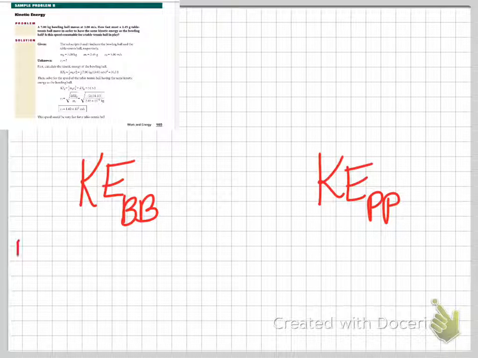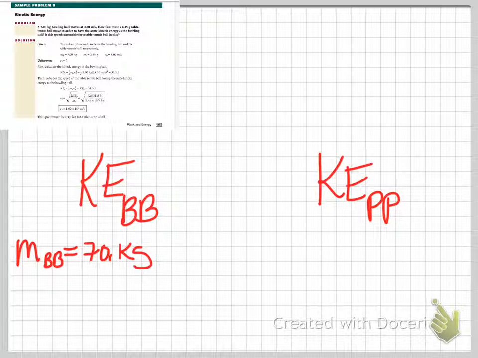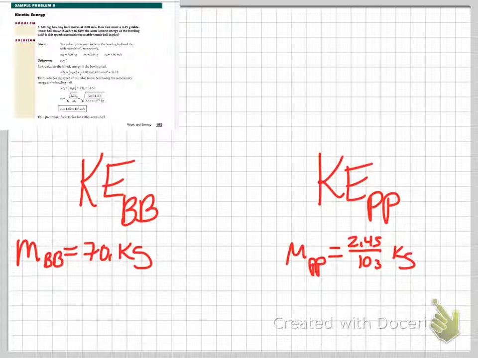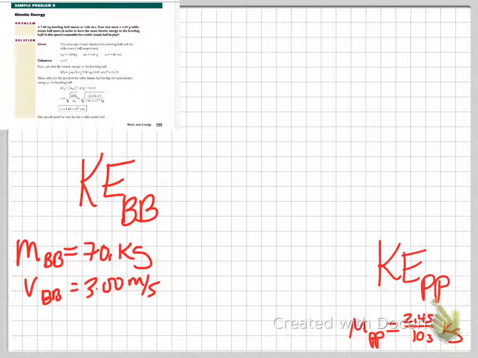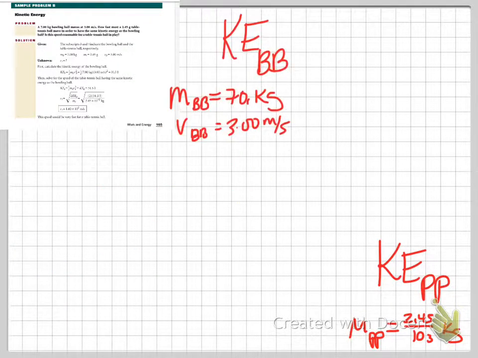We're told that mass of the bowling ball is 70 kilograms. Mass of the ping pong ball is 2.45 grams, so 2.45 divided by 10 to the third kilograms. Oops, sorry. Velocity of the bowling ball is 3.0 meters per second. I'm going to set all the stuff about the ping pong ball down there for a second.